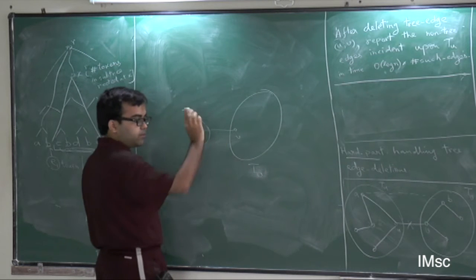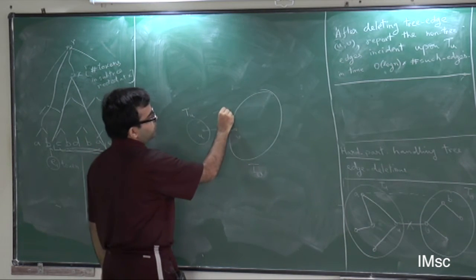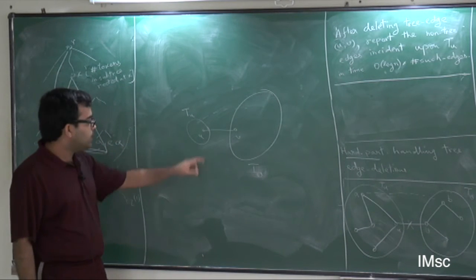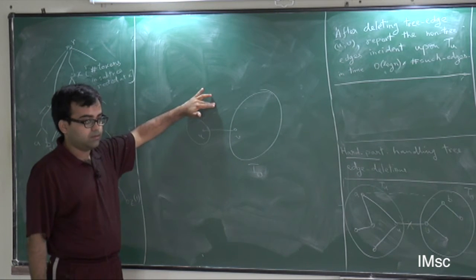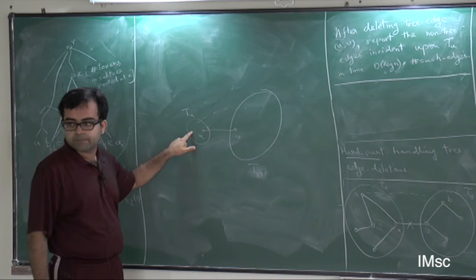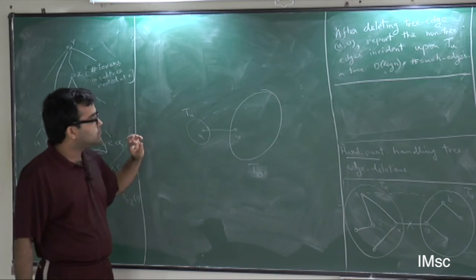Do not think of it as tokens, the token thing was just for the data structure. A crossing non-tree edge, this is one you need to find, and note that it is not necessary that that crossing non-tree edge, if it exists at all, will be incident upon U or V, it can be anywhere in between. Now, suppose you do the obvious thing.